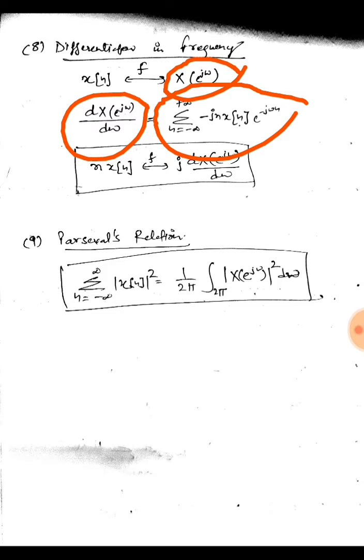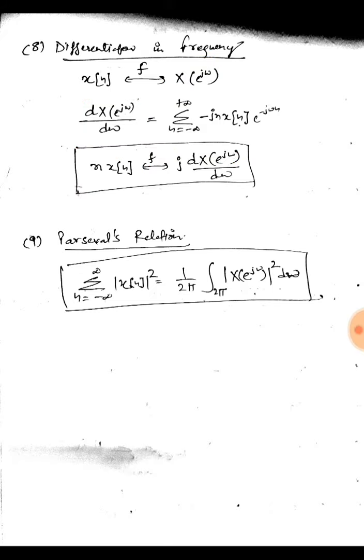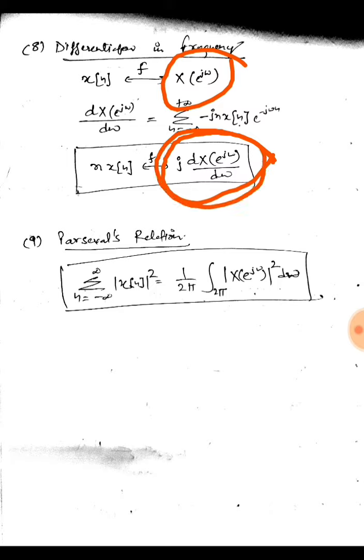That is, if I multiply n, the time, with the signal, n x[n], then its Fourier transform is the first differential of this function. So if I take the frequency function and differentiate it with respect to omega, the first differential will be the Fourier transform of n x[n], and n is multiplied here.